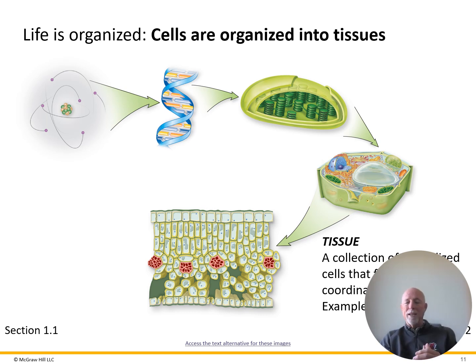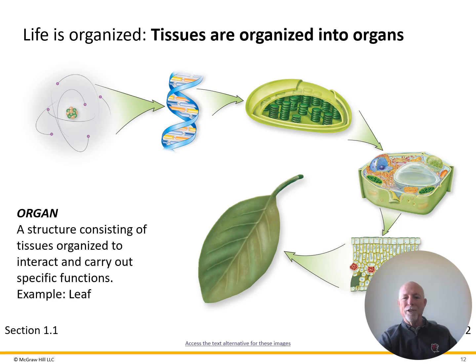And then in higher organisms like us, cells make tissues: skin, bone, ligament, cartilage, muscle. All of these are tissues comprised of similar cells.